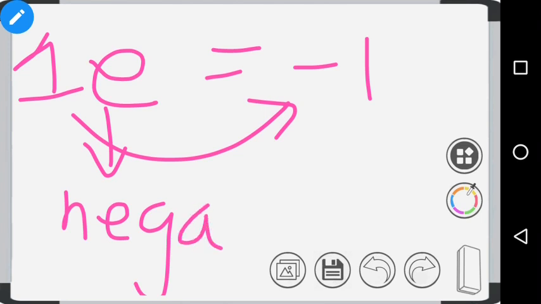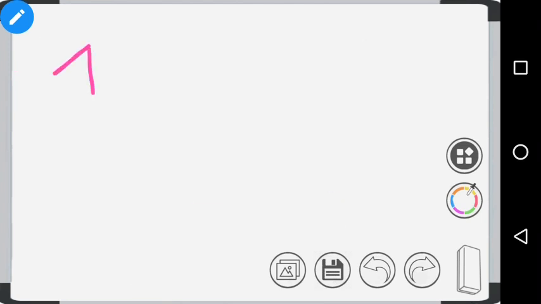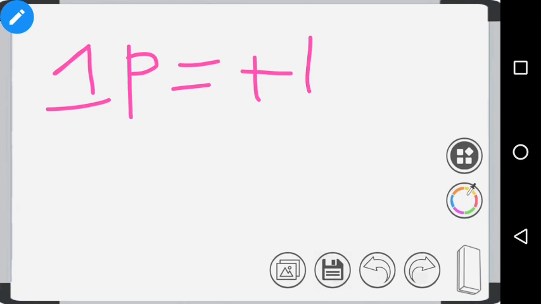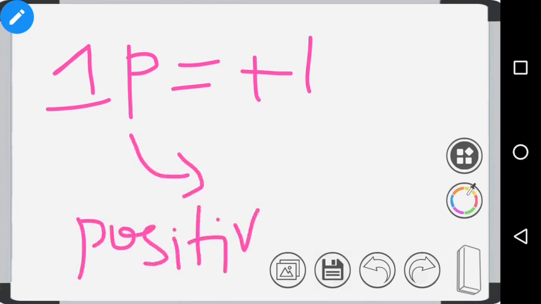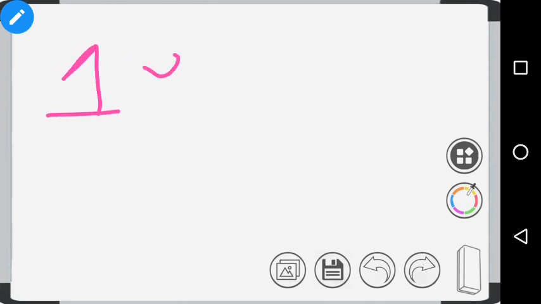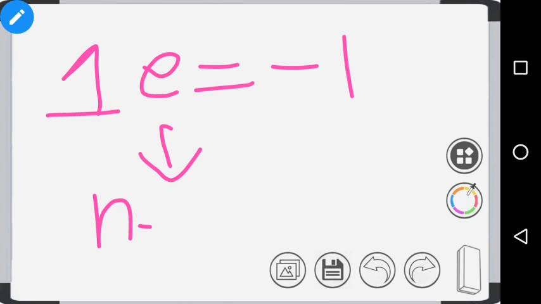How to represent a negative? We represent it with a negative number. A proton is a positive charge, so one proton will have +1 because a proton is a positive charge. Like the same thing, one electron will have -1 because the electron charge is negative.